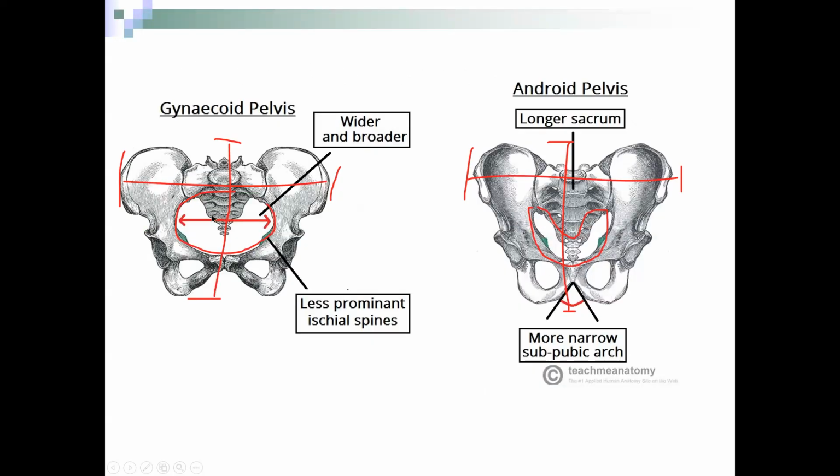So here we have the female pelvic inlet right here. Here's the male's. See, this makes sense there. Let me explain why. I'm not talking about the pelvis itself, I'm talking about the pelvic inlet, basically the space within the pelvic bones. Okay.